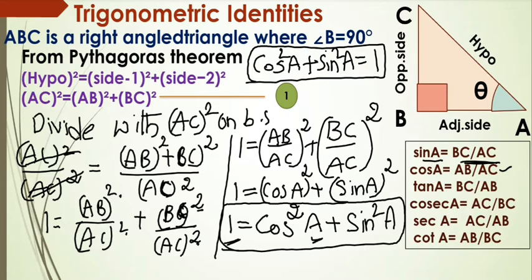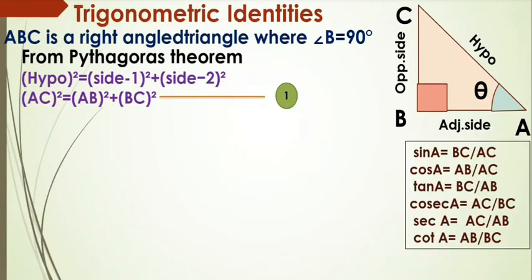Now let us derive the second identity. For the first identity, we divided this equation 1 with AC square. Now divide the same equation with AB square. So here we divide with AB square on both sides.